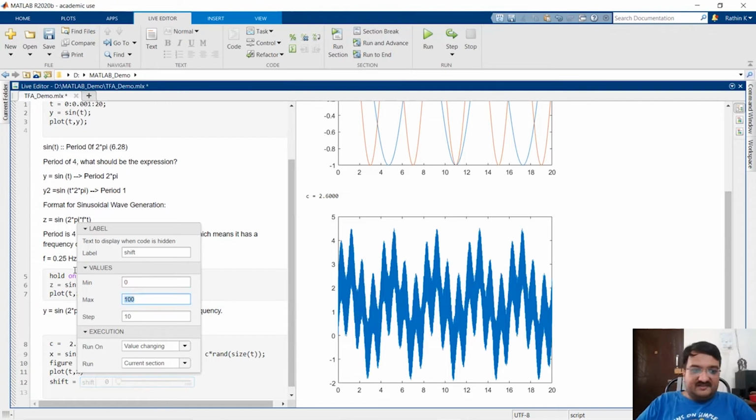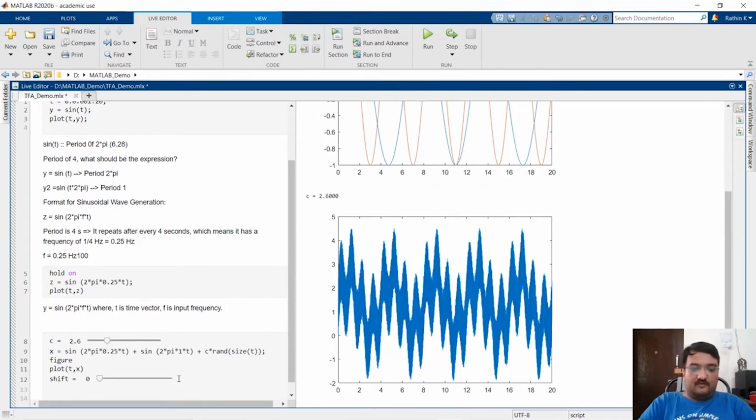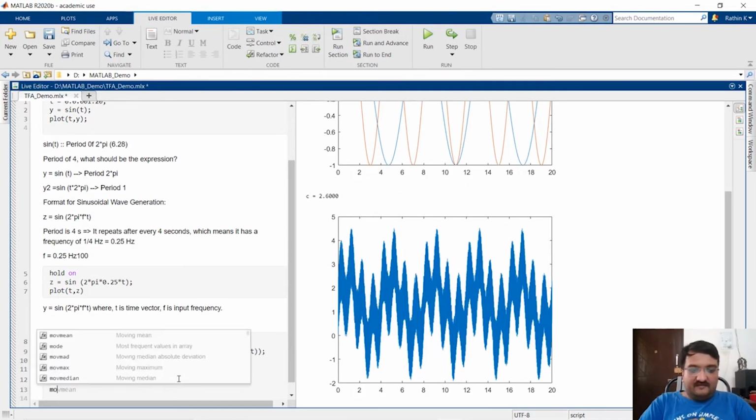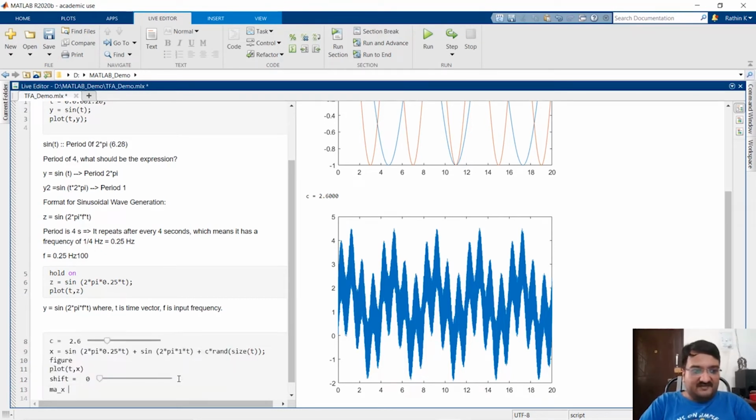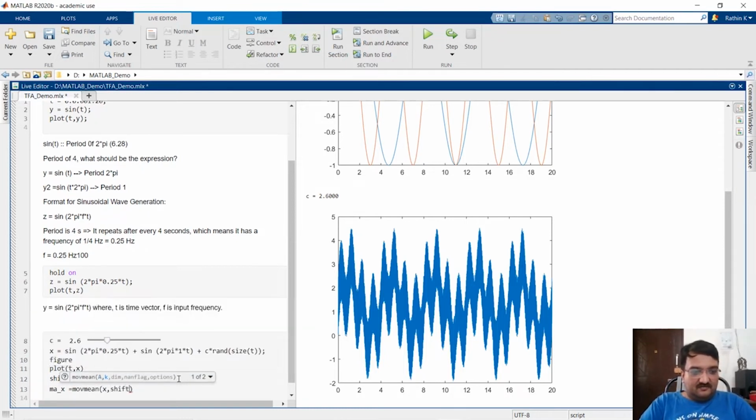For the time being, just give it a value from 0 to 20 with an increment of 1. Define a slider here. This will be used as a shift for moving average. Moving average version of X, let's define it. MA of X is equal to movmin. This is the same function we have used on X with shift. Okay, that is what we have defined.